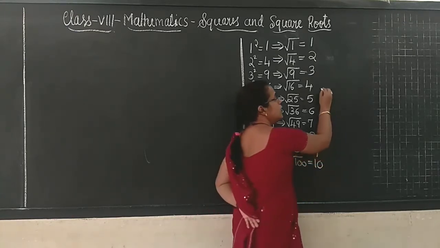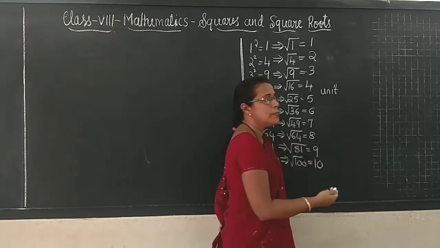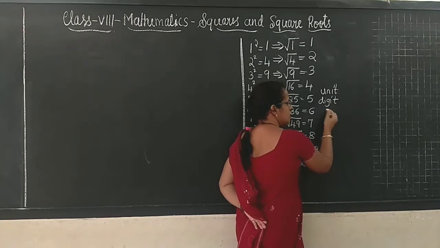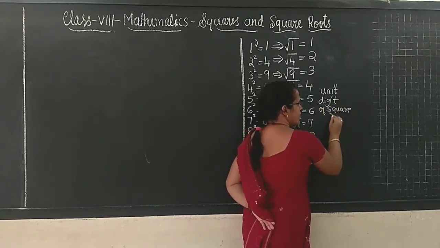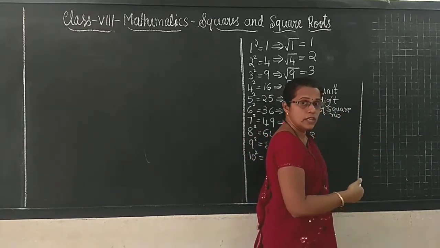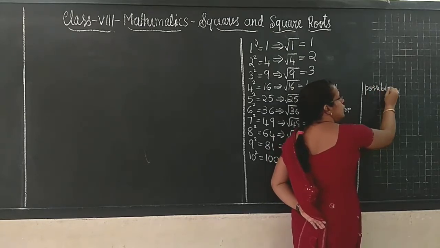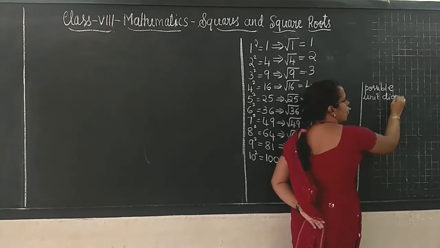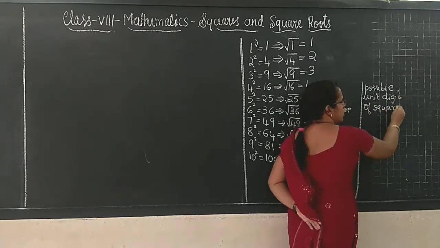Okay, so now see here, the unit digit. In this comparison, the unit digit is very important. Compare the unit digit of the square number and the unit digit of the square root.